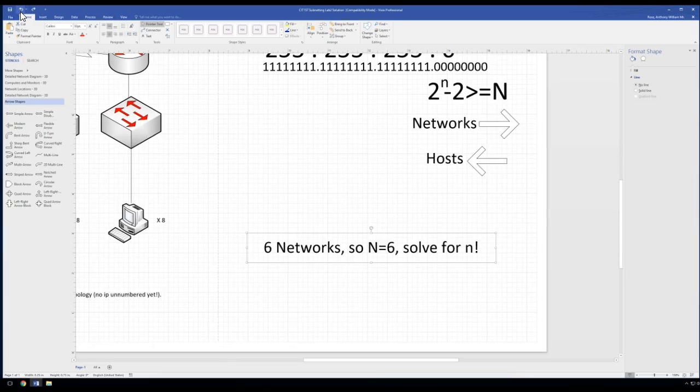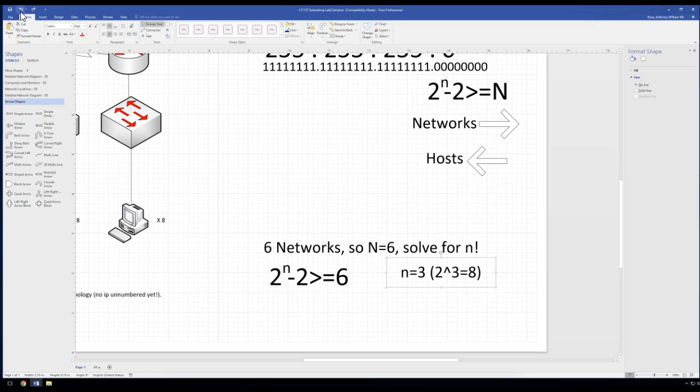So we just said that we had 6 networks, so our capital N in this situation is 6, and we're solving for lowercase n. So 2 to the n minus 2 needs to be greater than or equal to capital N. We're solving for networks again. So 2 to the n minus 2 needs to be greater than or equal to 6.